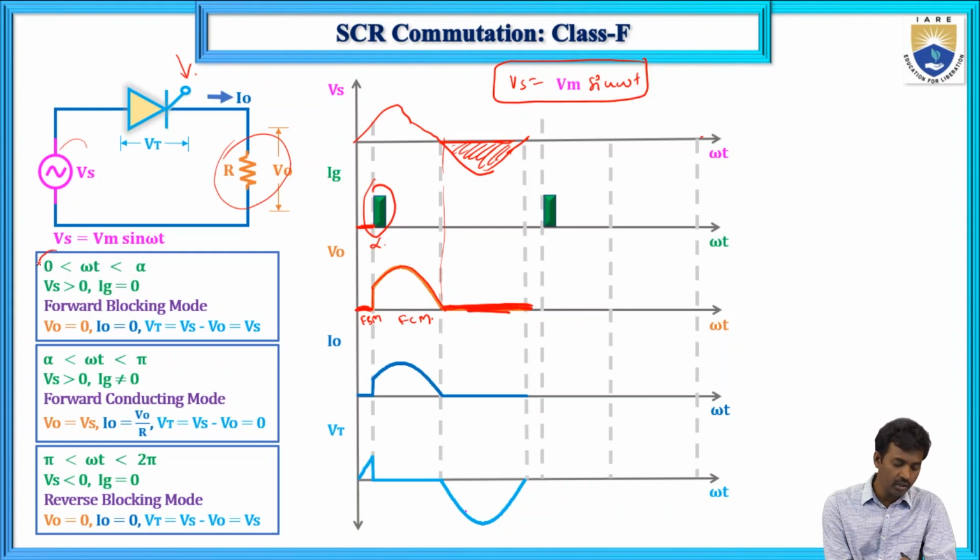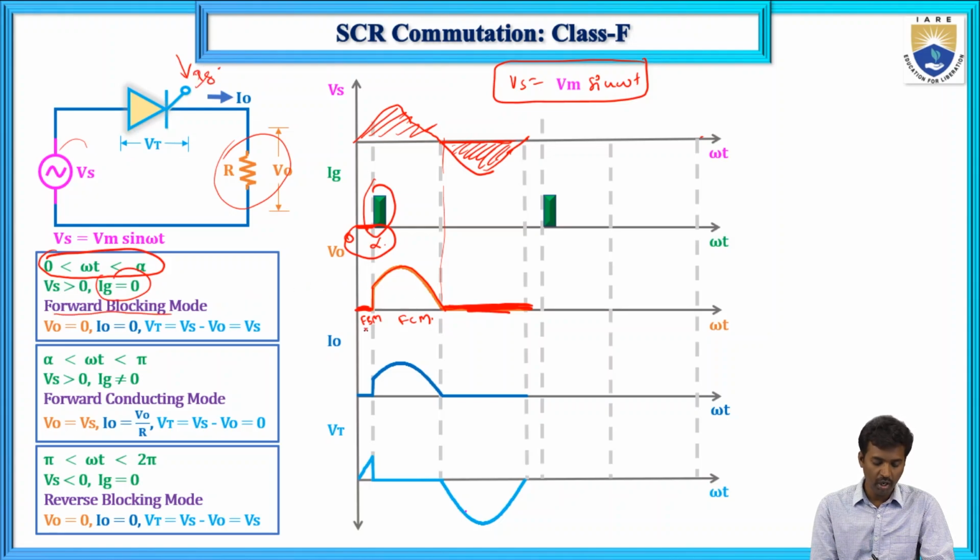So now from 0 to alpha, Vs is greater than 0 and Ig is 0, and it is in forward blocking mode. Output voltage is 0 and output current is also 0.